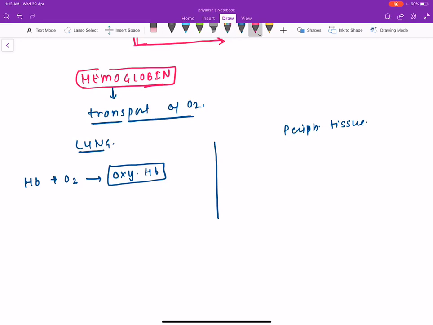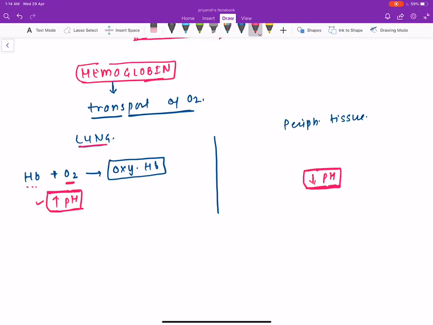And why is this oxygen able to add to the hemoglobin? The reason is, in the lung there is an increase in the pH. The pH of the lung is comparatively high. If you compare with the peripheral tissue, it is more acidic, so there is less pH. Whereas in the lung, the pH is high, so the oxygen is able to attach to the hemoglobin.